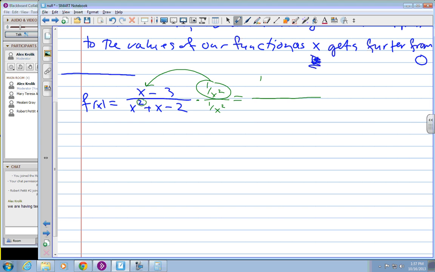This product is 1 over x. The next product is 3 over x squared, right? Just distribute. How about here? What is 1 over x times x squared? 1. Now 1 over x squared times x. What is that? 1 over x. And negative 2 times 1 over x squared?